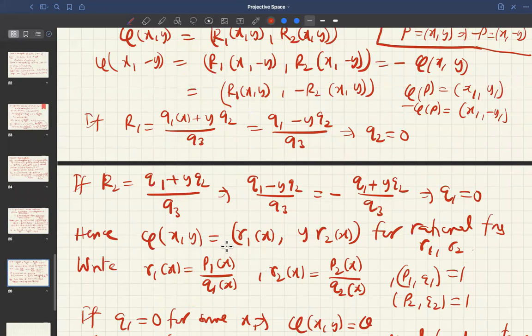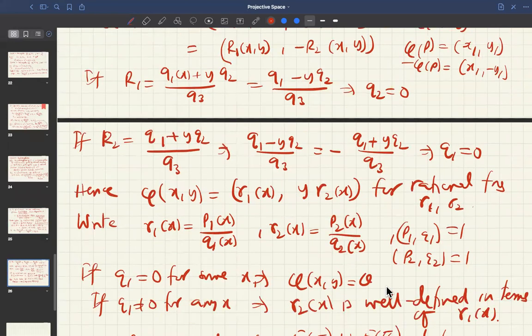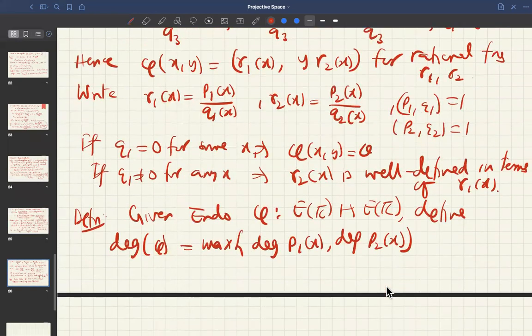And we're writing phi of xy as a rational function, and the y coordinate as y times some other rational function, in this special coordinate form. So in the next lecture I'll give a set of exercises which will make these things more clear.